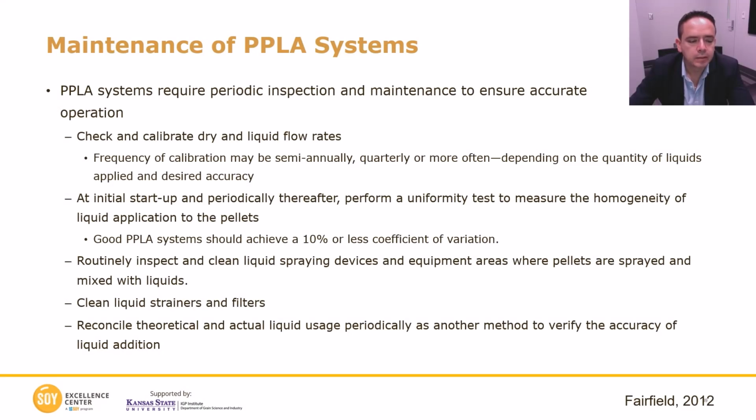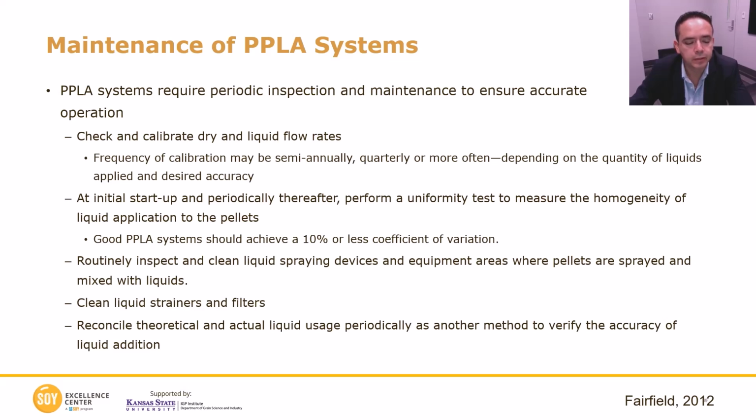Some maintenance considerations of the PPLA systems. PPLA systems require periodic inspection and maintenance to ensure accurate operation. Check and calibrate the dry flow and the liquid flow rates. This is important.